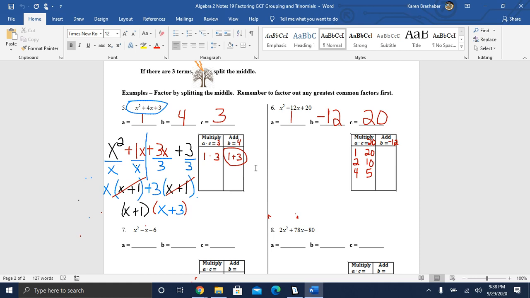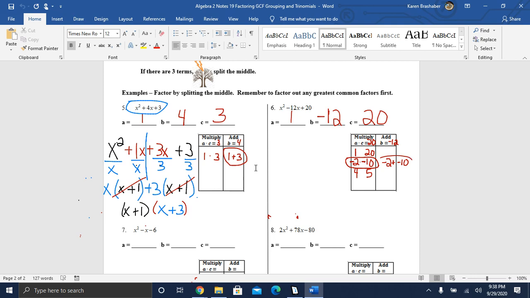And the only way I can get a positive when I multiply is if I have two negatives. So the set that's going to work right here is going to be a -2 and a -10. When I multiply those together, I'll get positive 20. When I add them together, -2 and -10, I get my -12 that I want.